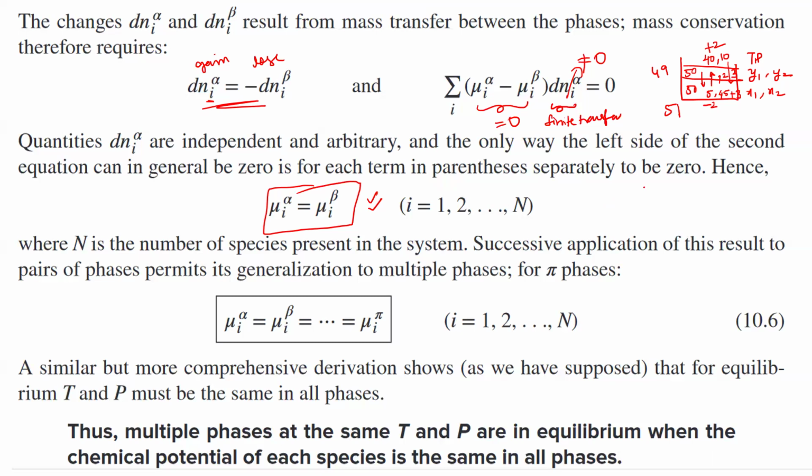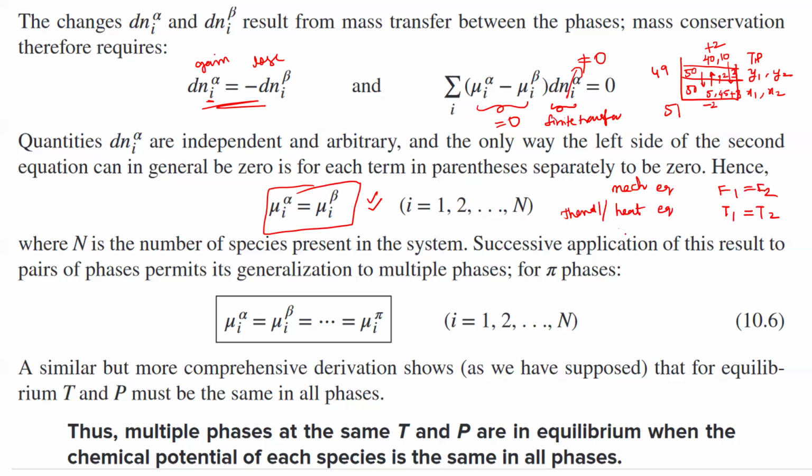This is like what you say for mechanical equilibrium, where force 1 is equal to force 2. Not pressures, please note that it is a force balance we do. And for thermal equilibrium, we do T1 equals T2.